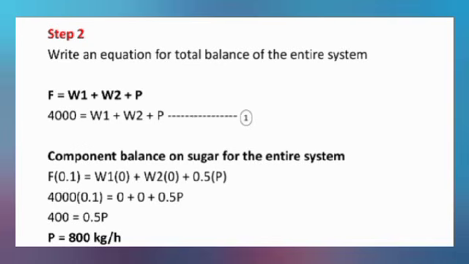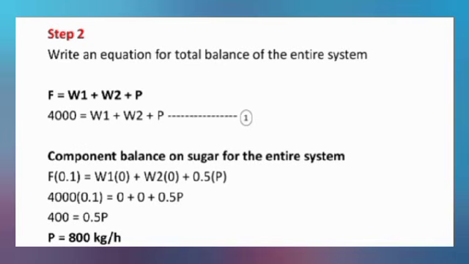So we will multiply the 0.1, that is the decimal form, by the feed, and then equate it to the amount present in the water, which is 0. And then the water 2 is also 0. That is, there is no sugar in the water 2 itself, and it is only the product that contains this 50% sugar.